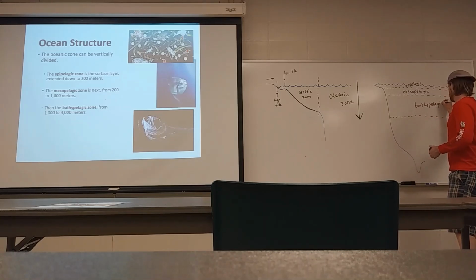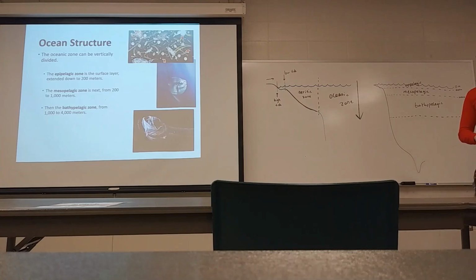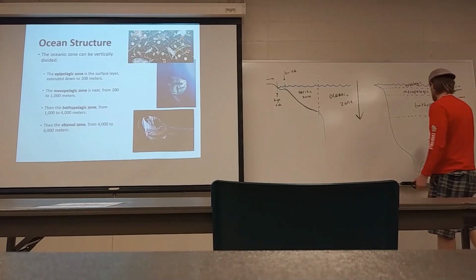Bathypelagic is dark. Many fish in this zone show bioluminescence, which is producing their own form of light, which is quite incredible to observe. If you've ever gone to an aquarium, they will have some bioluminescent organisms. Fish, jellyfish, various other groups of organisms as well. Abyssal zone is 4,000 to 6,000.